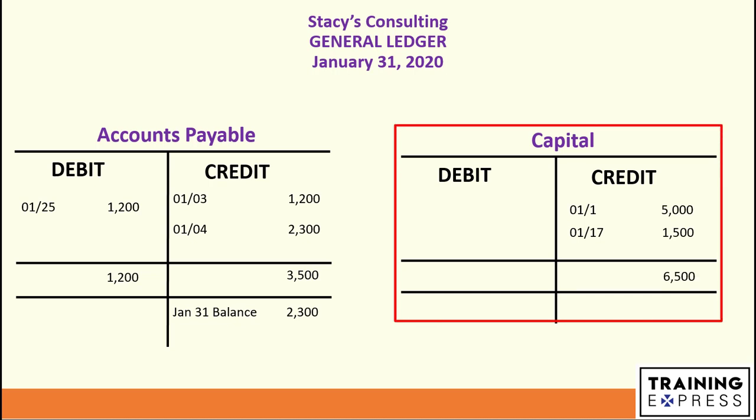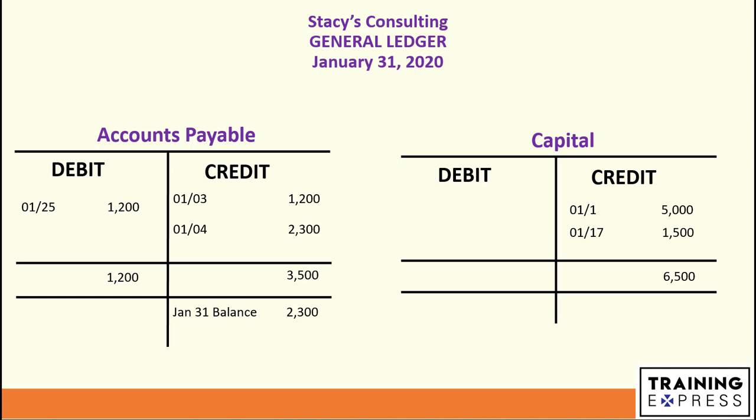So we can see that there is no transaction appearing on the debit side, and there are two transactions on the credit side. So we can total the credit side, and that is $6,500. So it means we will write the ending balance on the credit side because this side is greater.